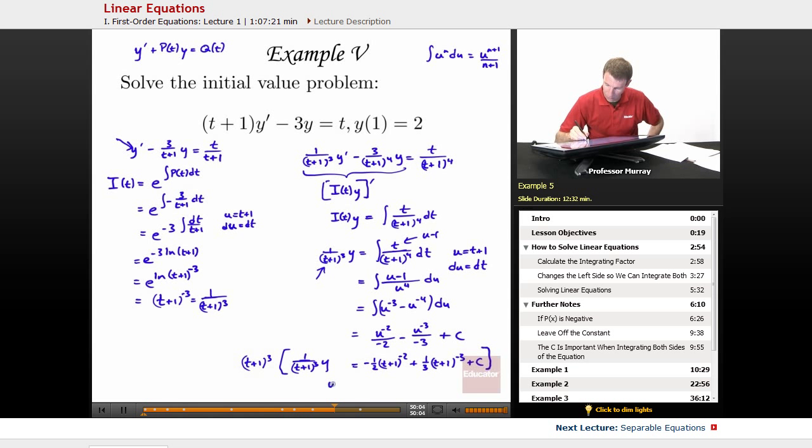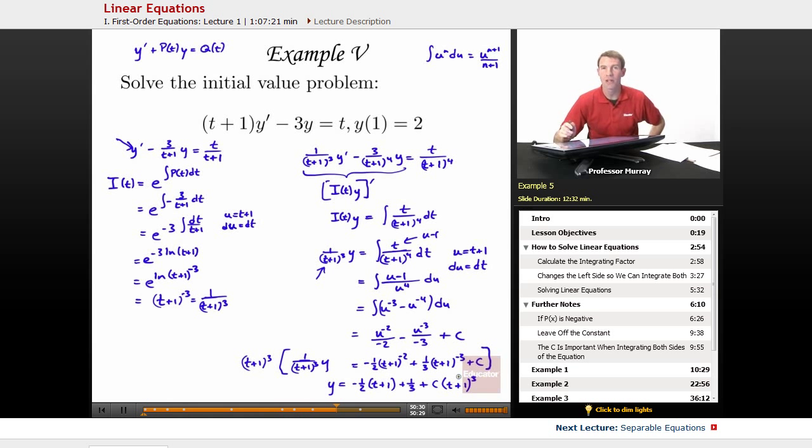And so on the left I'll get y is equal to, on the right, negative 1/2. Negative 2 plus 3 is just 1, so t plus 1. Plus 1/3. T plus 1 to the negative 3 times t plus 1 cubed is just 1. Plus c times t plus 1 cubed.